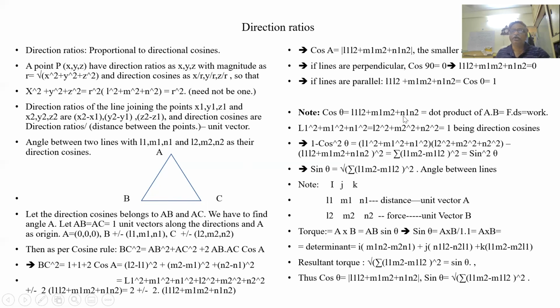So this is a dot product. What is A dot B? AB cos theta. We use it in force dot distance. Force in the direction of distance is the work. So this is a dot product, nothing but the cos theta for unit vectors.